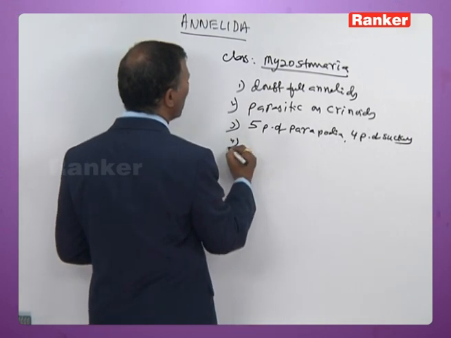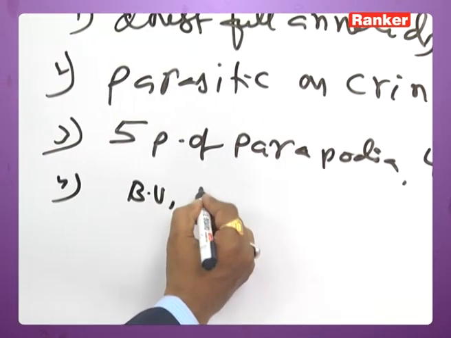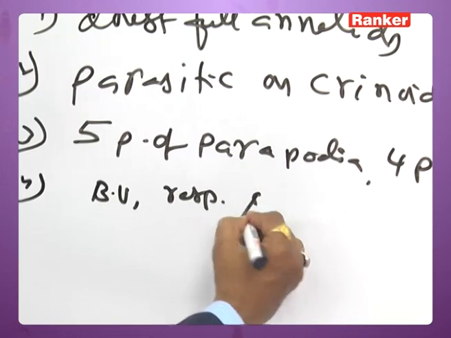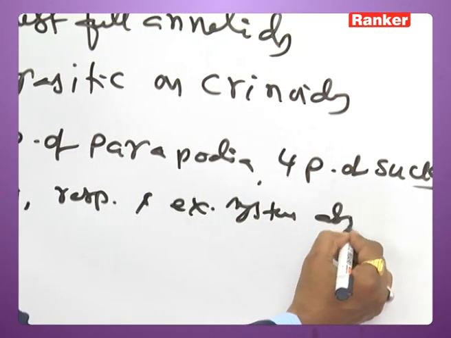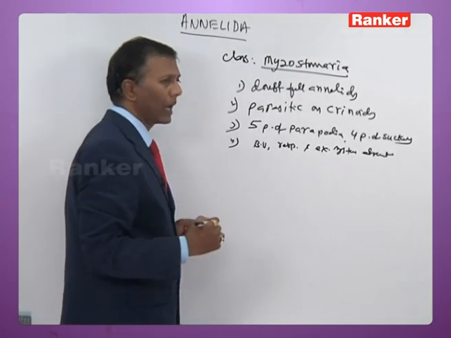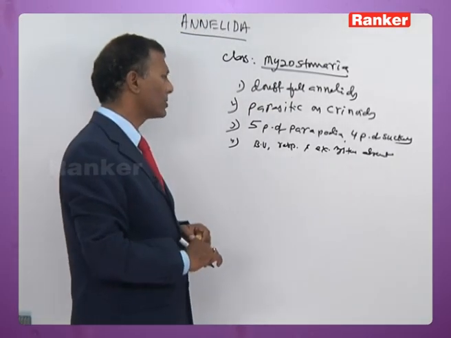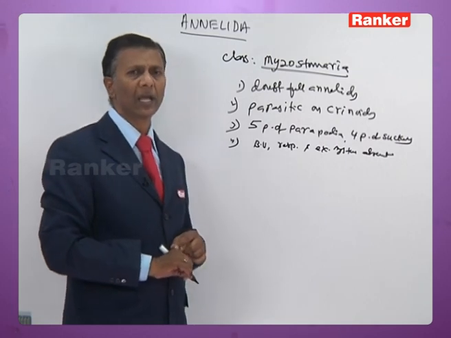And in Myzostomarians, blood vascular, respiratory and excretory systems are absent because of the parasitic life.